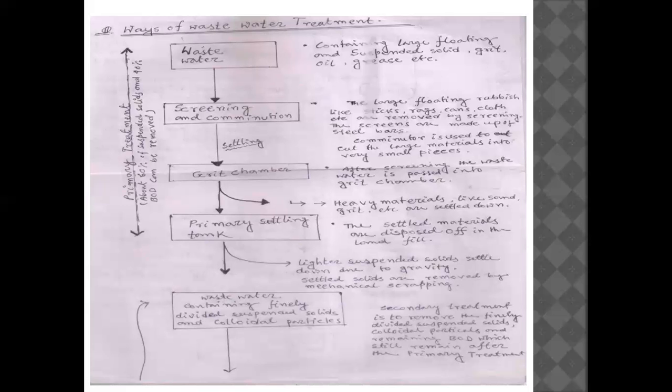The steps involved in primary treatment: first, collect the wastewater that contains large floating substances like old clothes, oil, grease, plastics, etc.